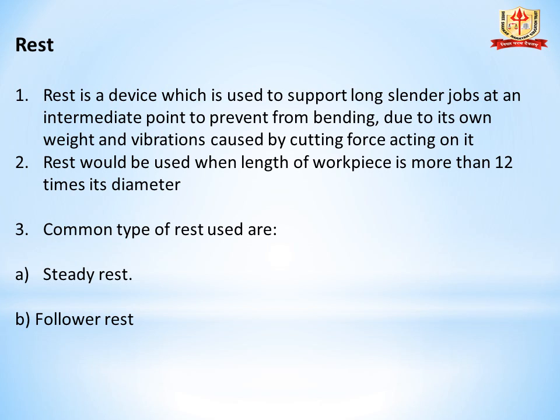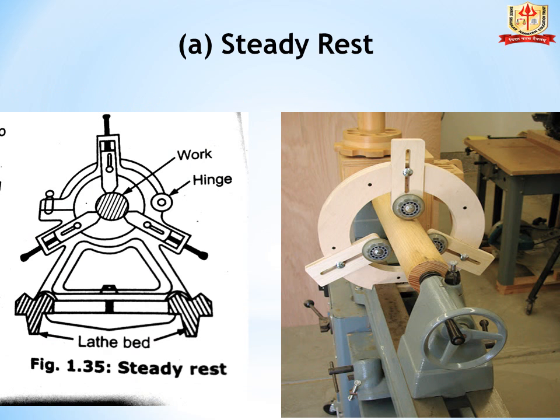Second point, rest will be used when the length of workpiece is more than 12 times its diameter. Common types of rests are steady rest and follower rest. Actually, this rest is a lathe accessory which is used to support the long slender job.